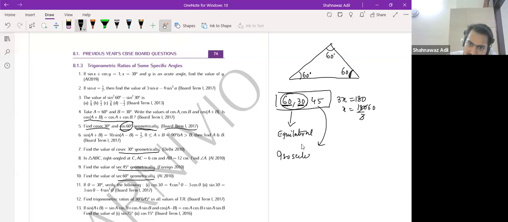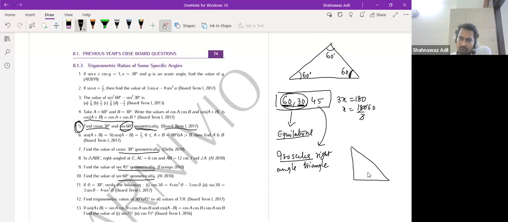This is the trick. For 60, 30, you make an equilateral triangle, and we can find out any of the trigonometric ratios. For 45, we draw an isosceles right angle triangle.